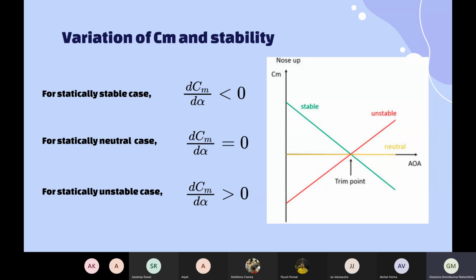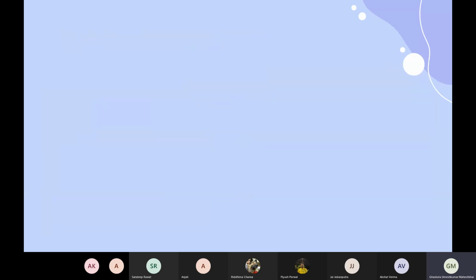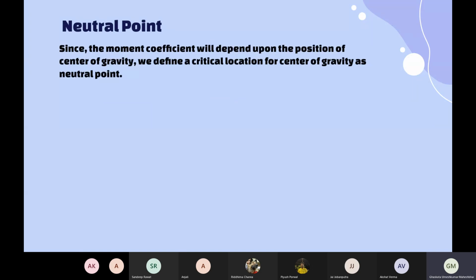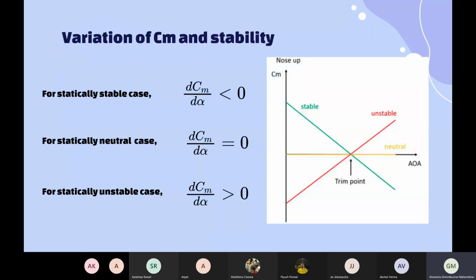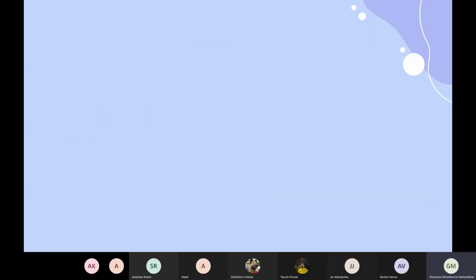So stay tuned for that. I hope you understand how stability relates to the CM versus angle of attack curve.